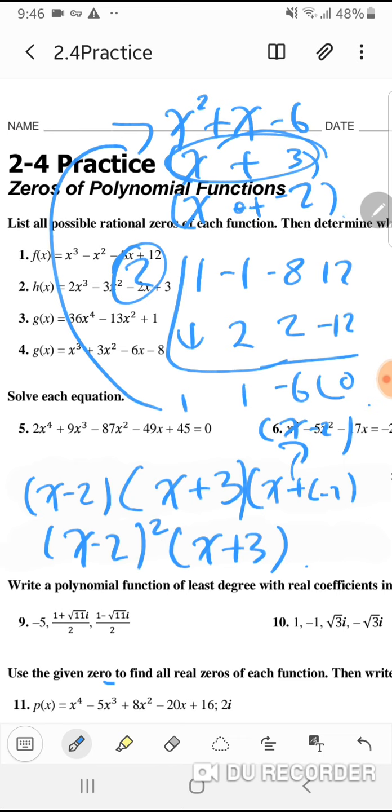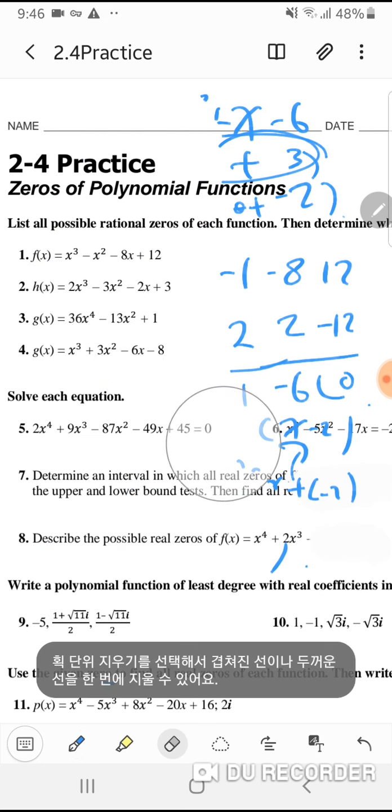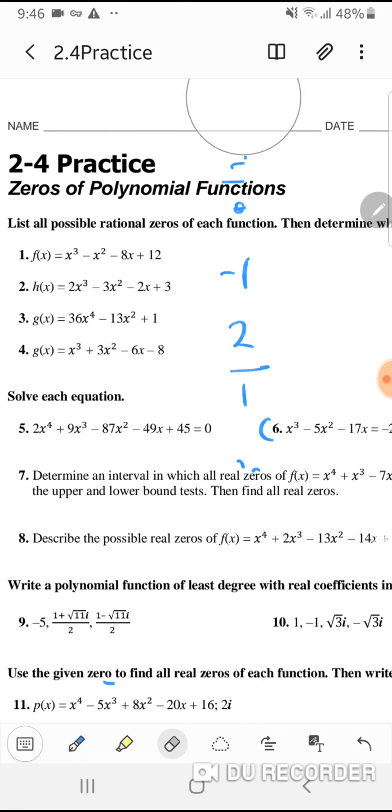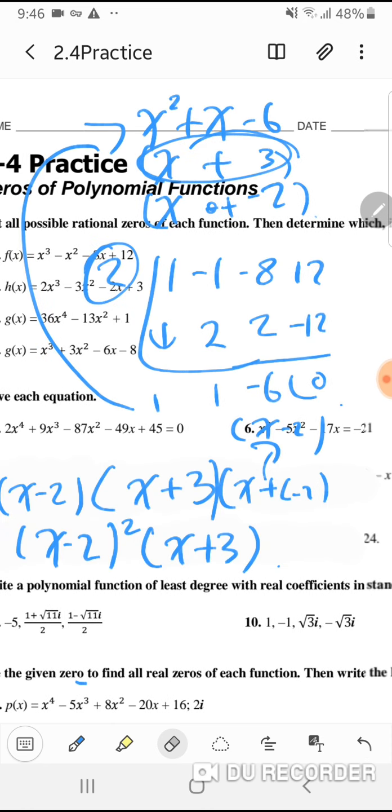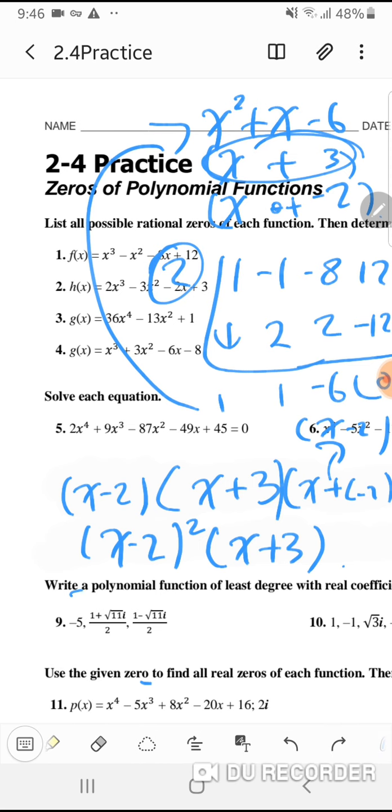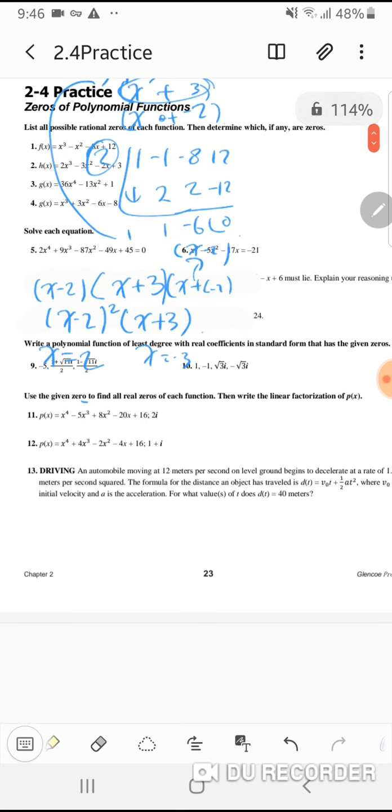So the zeros would be 2 and negative 3. Because that would be x equals 2 and x equals negative 3.